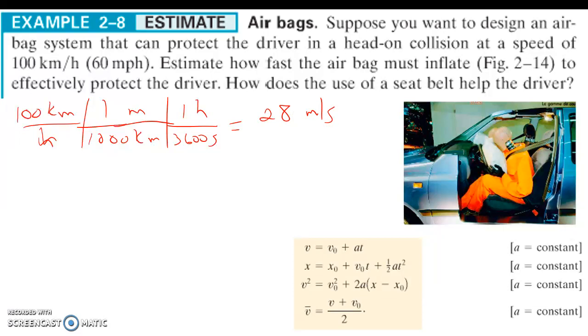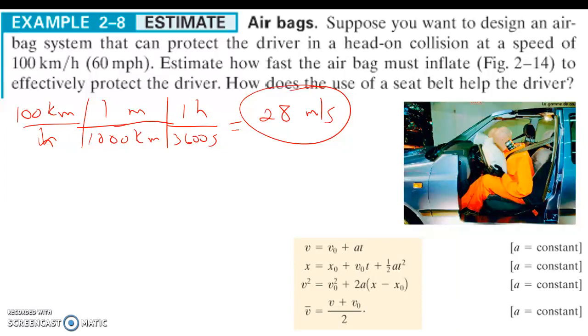the initial velocity there. Now, once I know initial velocity, what else do I have to know? Well, we look at this airbag system and the deployment of the airbag.